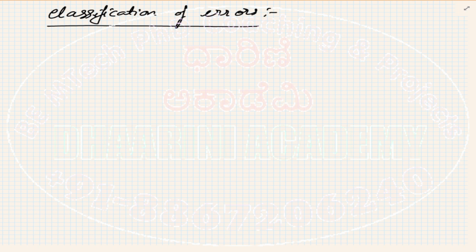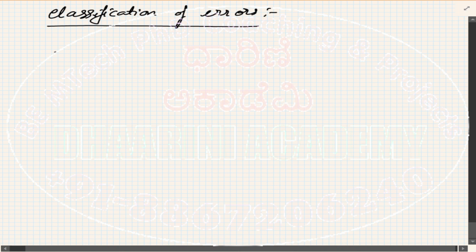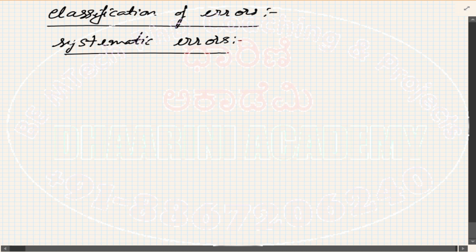Now the first type is the systematic error, the first category. Systematic errors are errors whose causes are known to us.